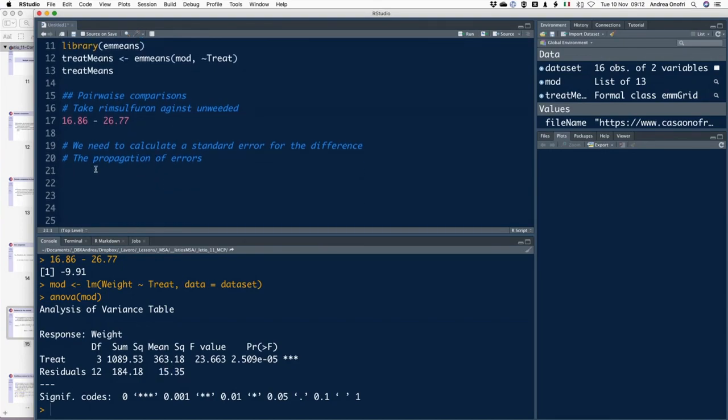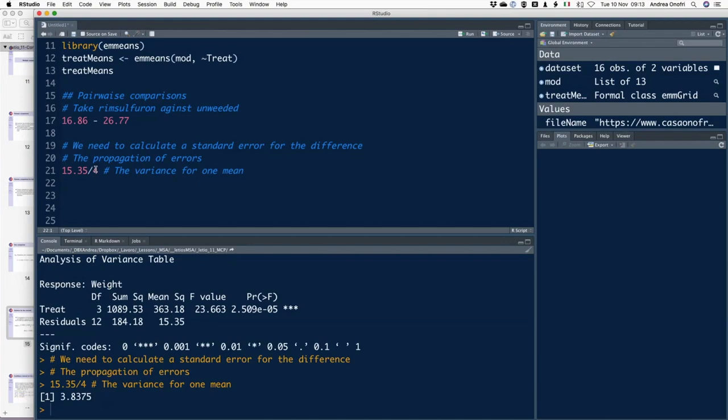So we can calculate the variance of a mean by taking 15.35 and dividing by the number of replicates, which is 4. This would be the variance for one mean. It's 3.8375. So now that we know this, we can calculate the variance for the difference.